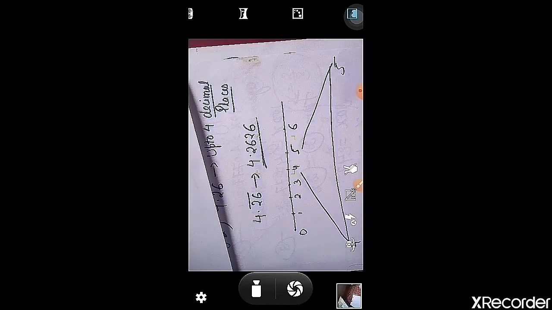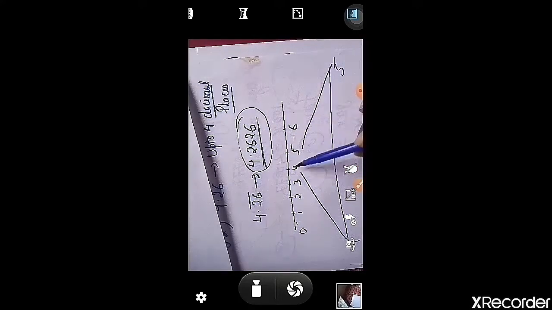First we make this number line and write 0, 1, 2, 3, 4, 5, 6. Now this number will lie between 4 and 5.